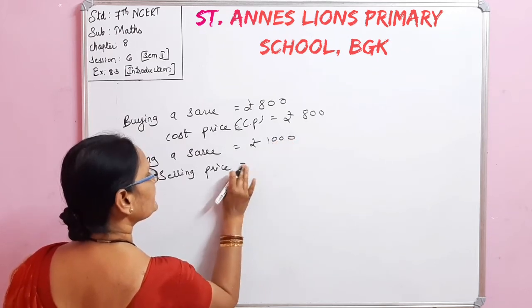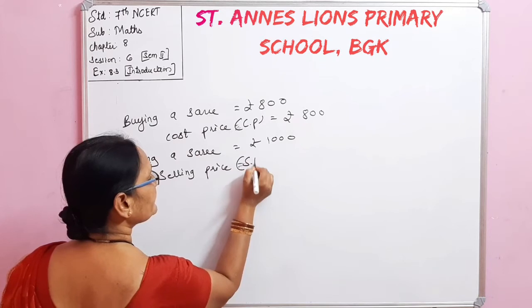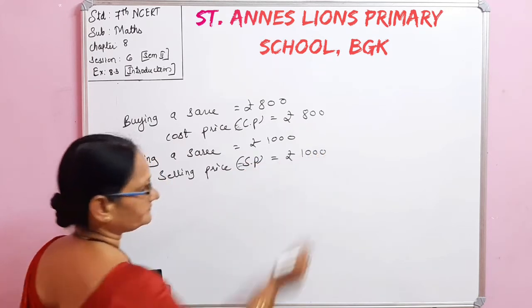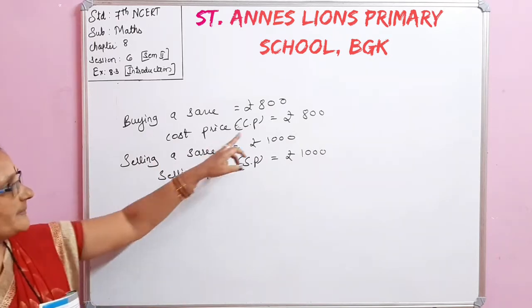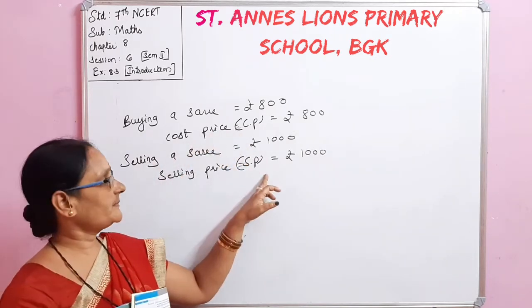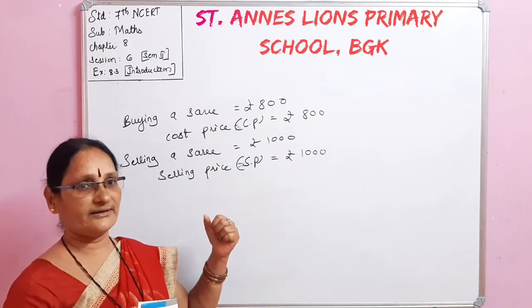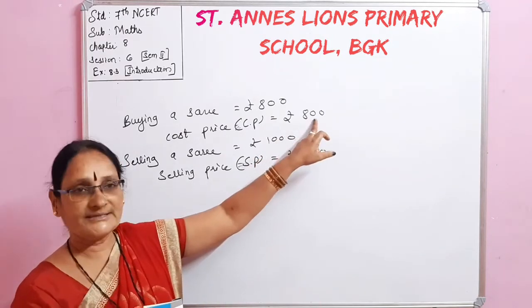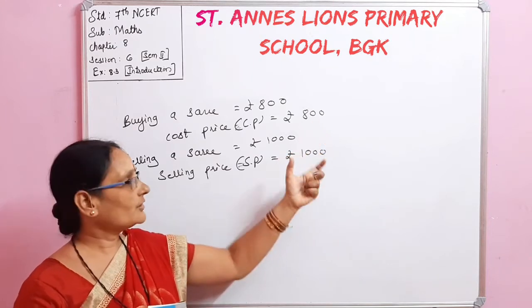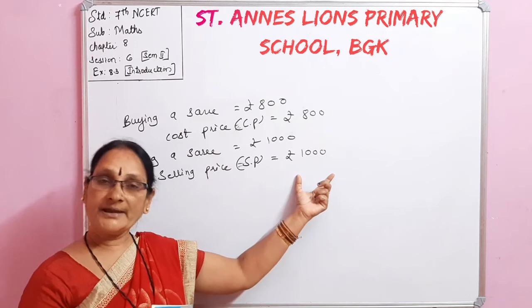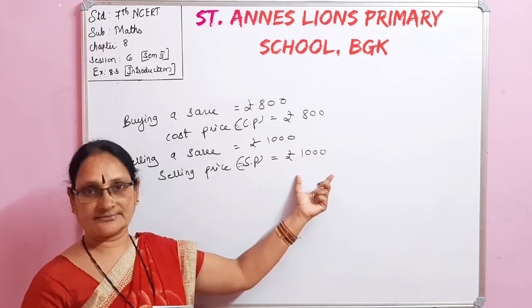This is SP, the selling price, rupees 1000. CP is cost price, SP is selling price. Now, with your common sense you can test it. 800 rupees I am buying a sari, 1000 rupees I am selling it. Am I getting profit or loss?